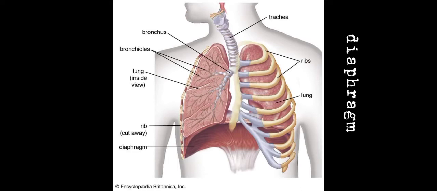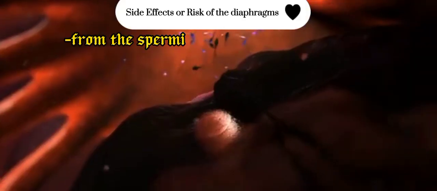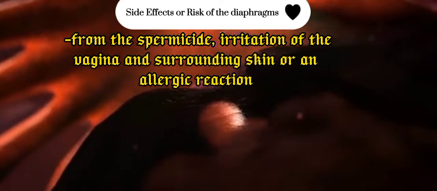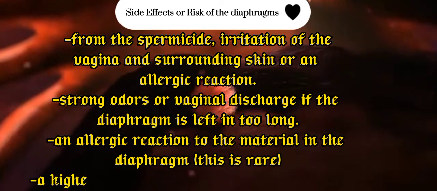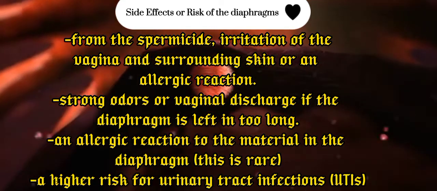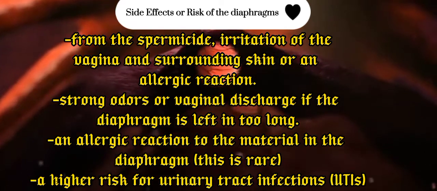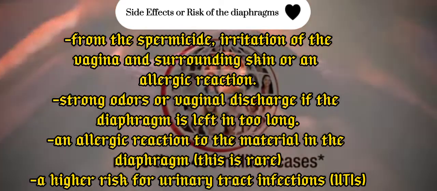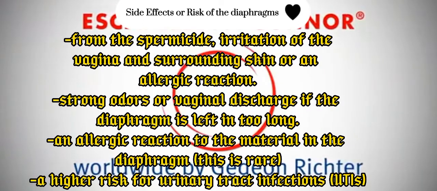Diaphragm: from the spermicide, irritation of the vagina and surrounding skin or an allergic reaction, strong odors or vaginal discharge if the diaphragm is left in too long, an allergic reaction to the material in the diaphragm. This is rare. A higher risk for urinary tract infections, UTIs.